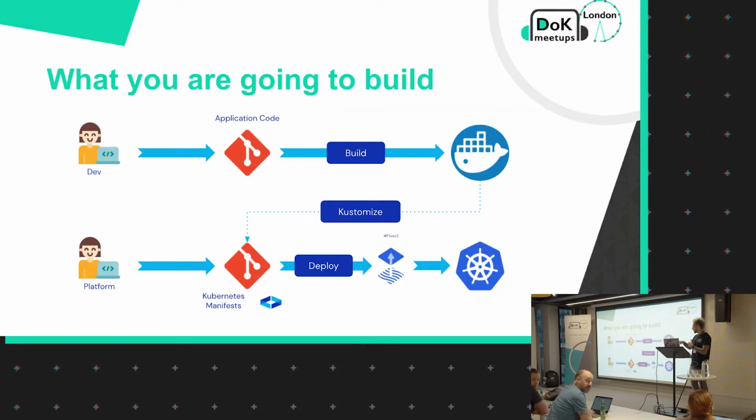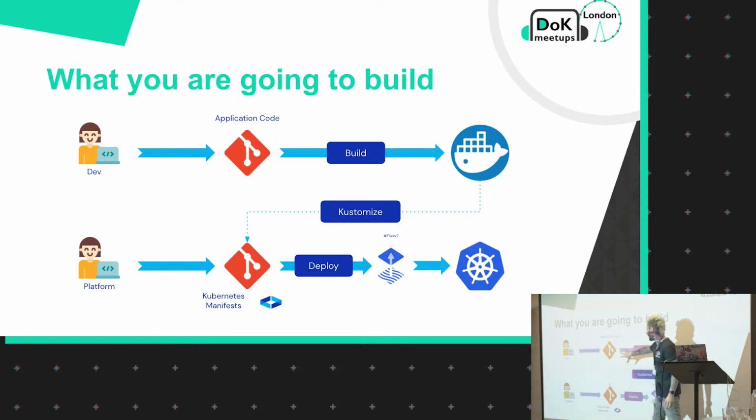Okay, so what we are going to do today is exactly build a GitOps pipeline. The difference between a GitOps pipeline and a normal pipeline is probably this part here. So a normal pipeline is from there to there. You have application code. You build your application into a container.